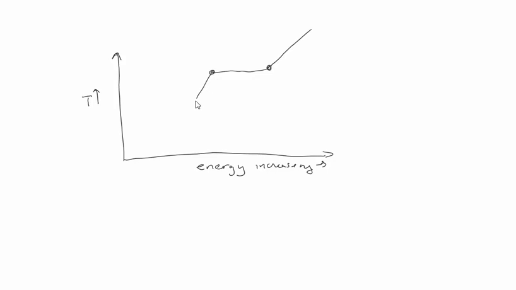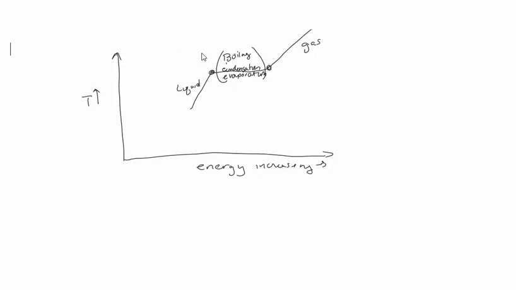Then I have a point and a slope. So this is my liquid phase. This is my gas phase. And here I have my condensation. I have my evaporation. And I have active boiling occurring here. So you may see this as boiling and condensing. You may see it as condensation, evaporation. All these are the activities that are occurring on this plateau.